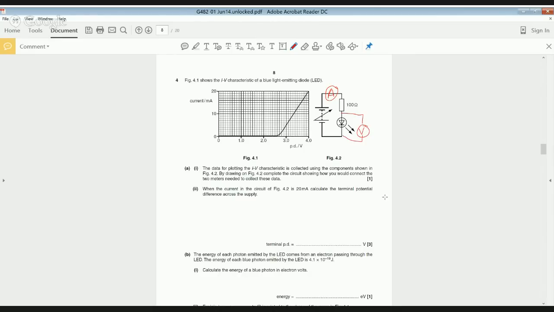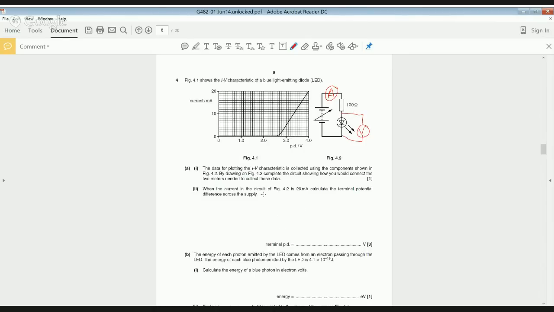When the current in the circuit of figure 4.2 is 20 milliamps, calculate the terminal potential difference across the supply. So it's sort of a potential divider, isn't it? Or you can look at it in terms of Kirchhoff's second law. The potential difference across the whole supply is going to be equal to the potential difference across the 100 ohm resistor and the potential difference across the LED.